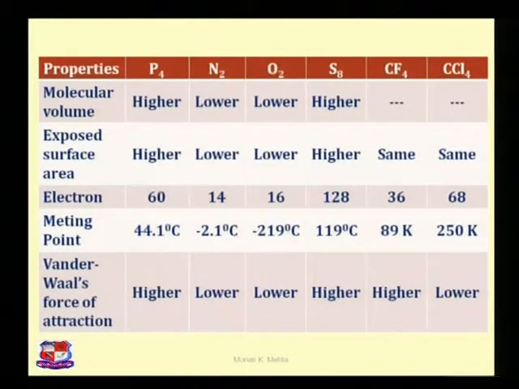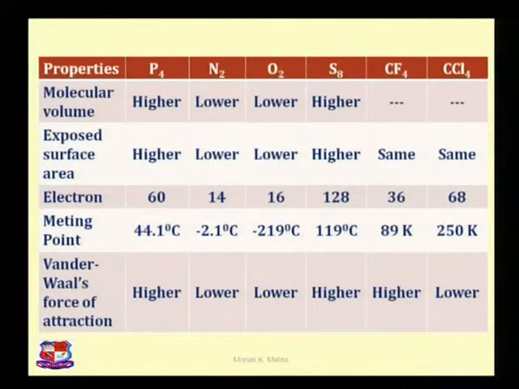Let's see an example of Van der Waals force of attraction: the comparison between the phosphorus molecule and the nitrogen molecule. The molecular volume of phosphorus is higher than nitrogen because in a phosphorus molecule there are 4 atoms of phosphorus, whereas in a nitrogen molecule there are 2 atoms of nitrogen. The surface area of phosphorus is bigger than nitrogen.